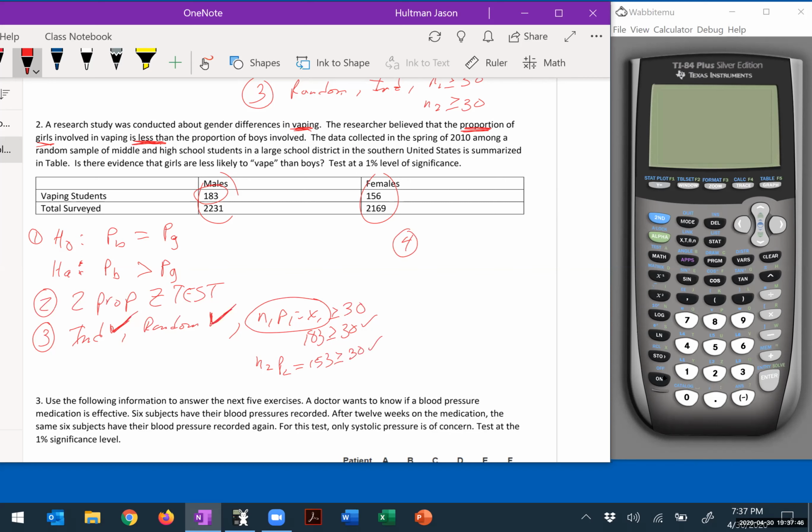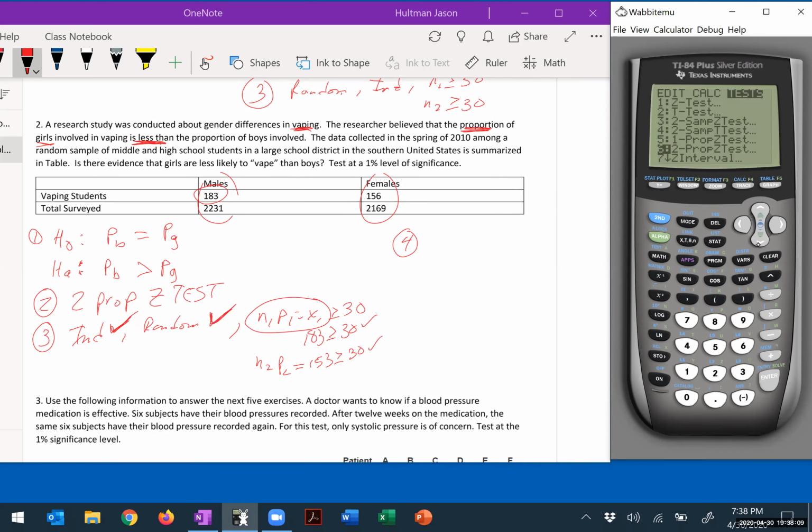This is going to be a 2-prop z-test with summary statistics. So we're going to say stat test. This is a 2-prop z-test, number 6 on the calculator.